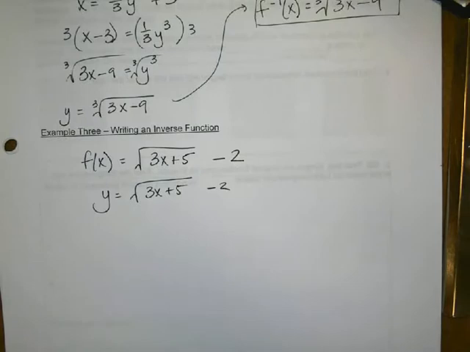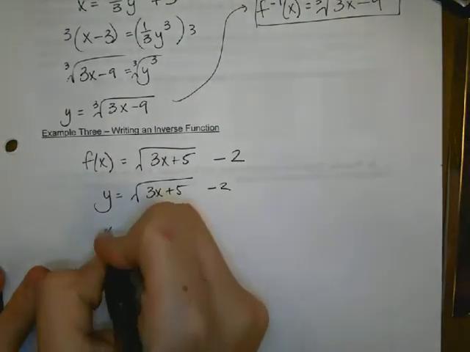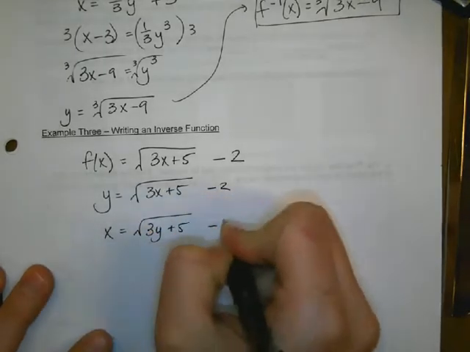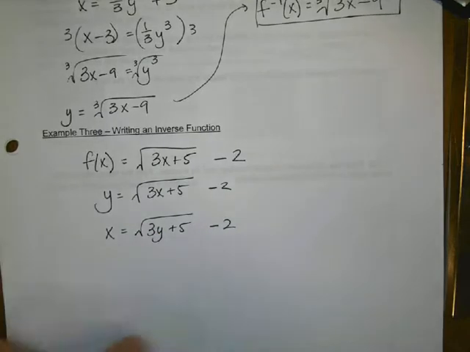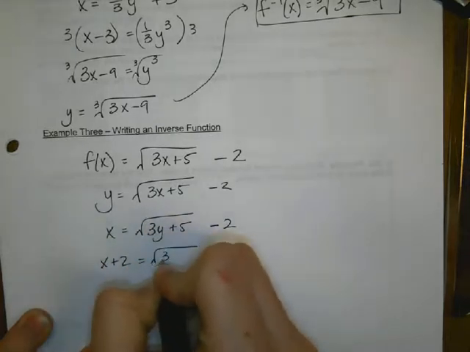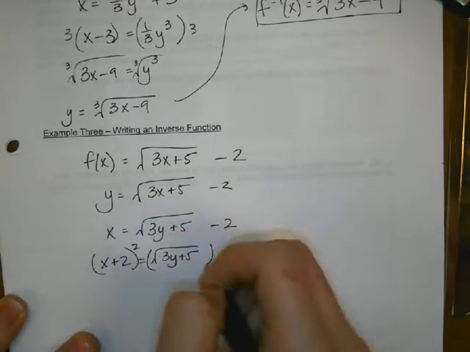Okay, and then you're going to interchange the x and the y. And then our goal is to get y by itself. Well, right now it's stuck underneath the radical. So I'm going to start by adding 2 to both sides. And I'm going to square to get rid of the radical.